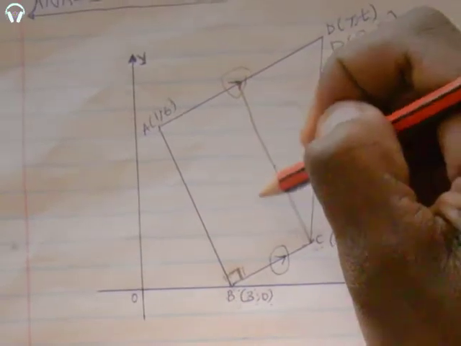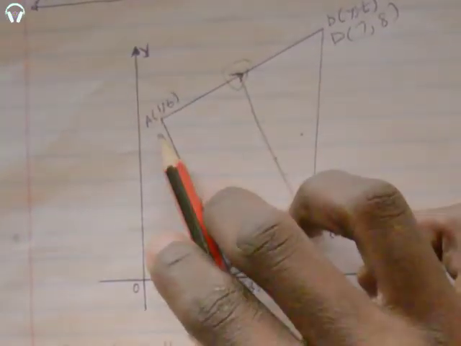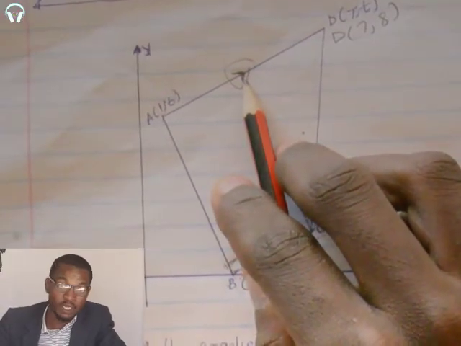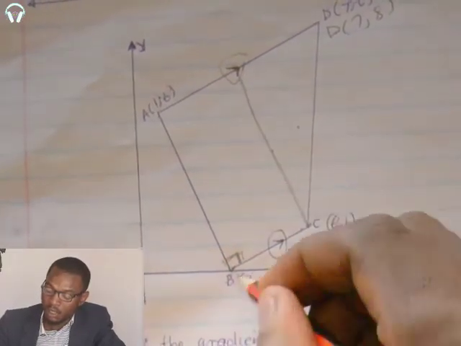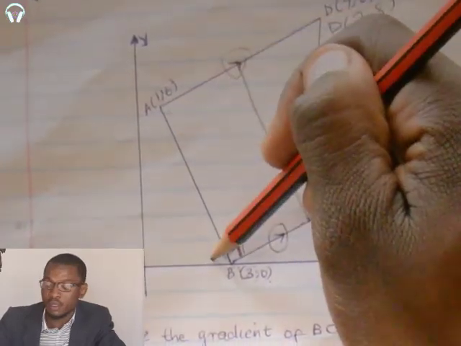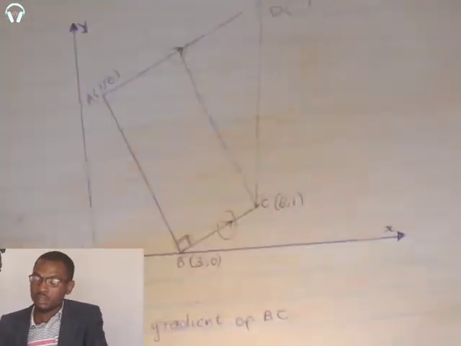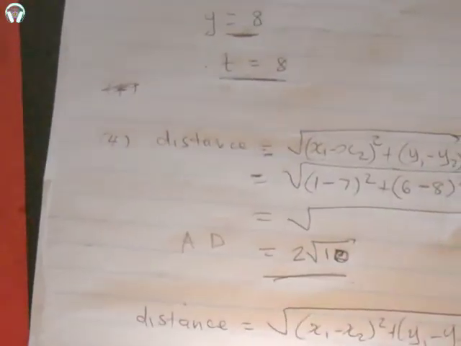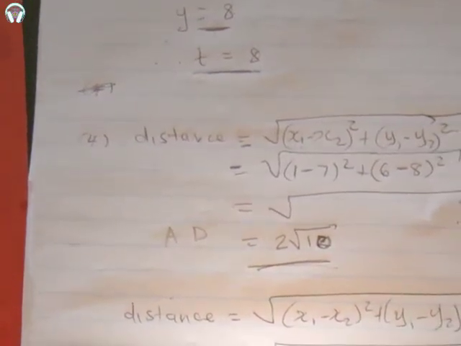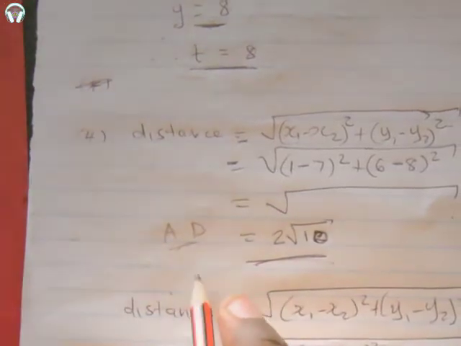So the area of the rectangle is length times breadth. And my breadth is A and the midpoint of AD, and my length is AB. So the distance of AB is 2 the root of 10, and the distance of BC is the root of 10, and the distance of AD is 2 the root of 10.